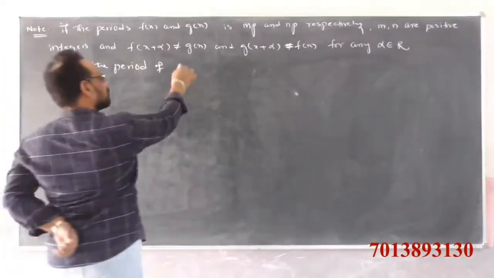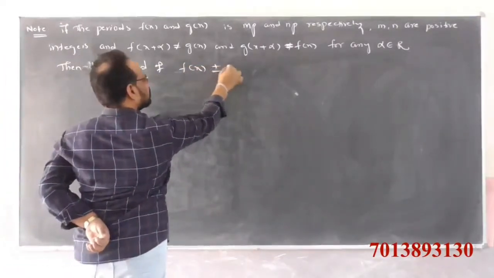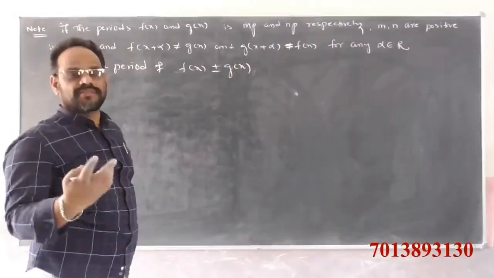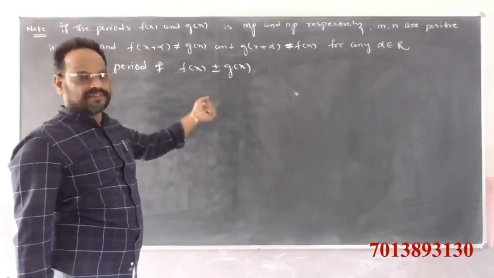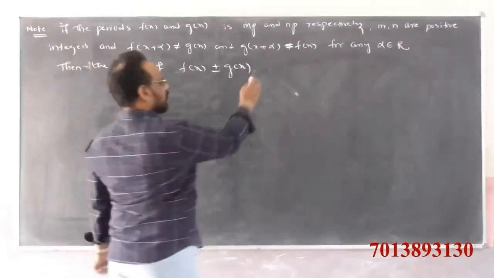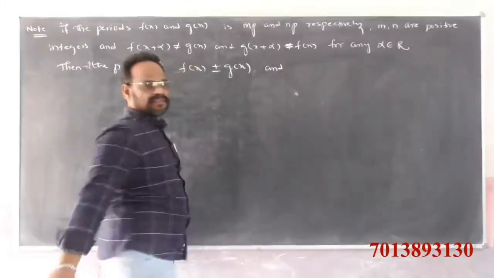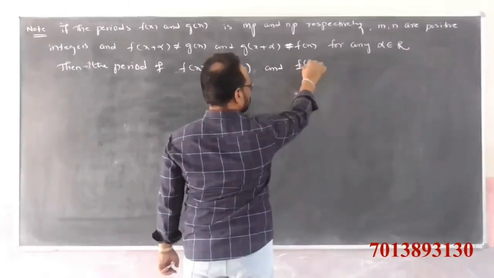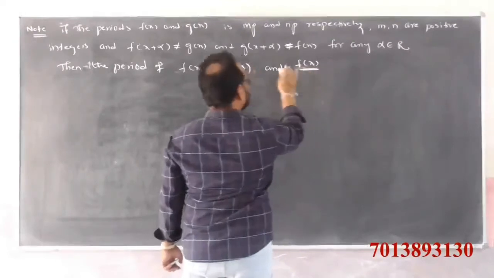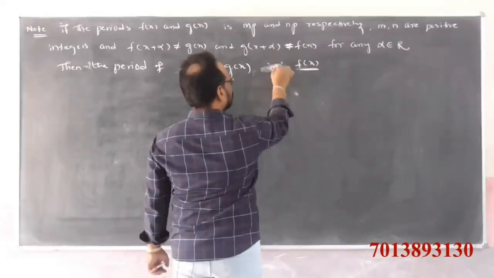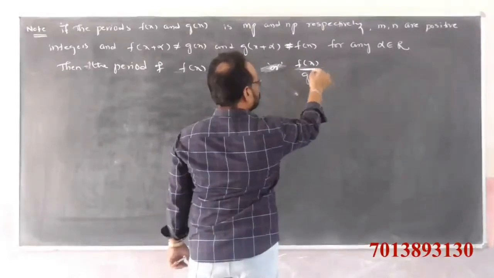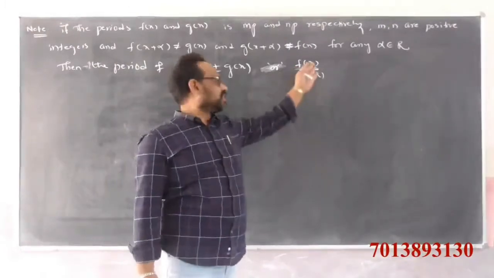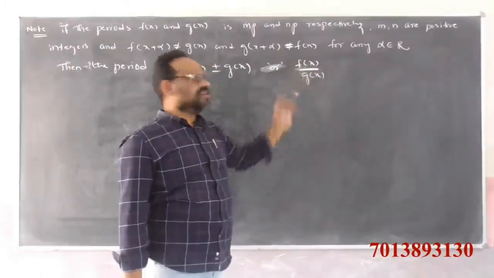of f of x plus or minus g of x, that means the sum or the difference of the two functions, and f of x by g of x, that means the quotient of two functions, that is f of x by g of x.